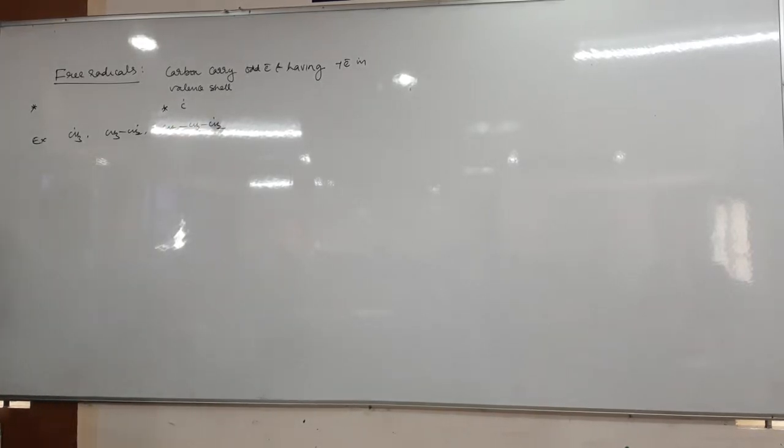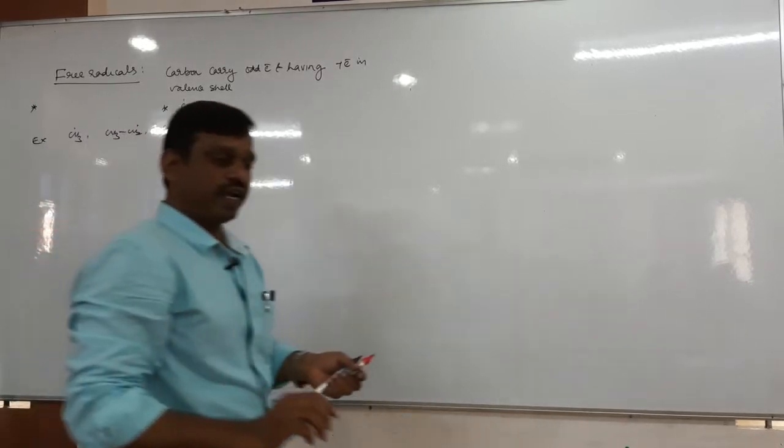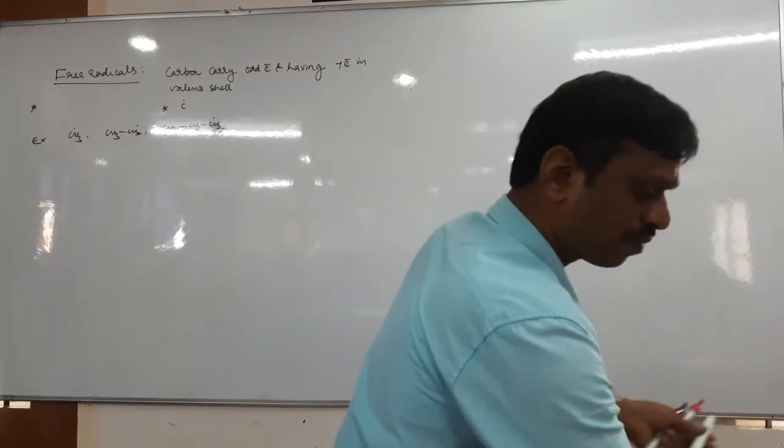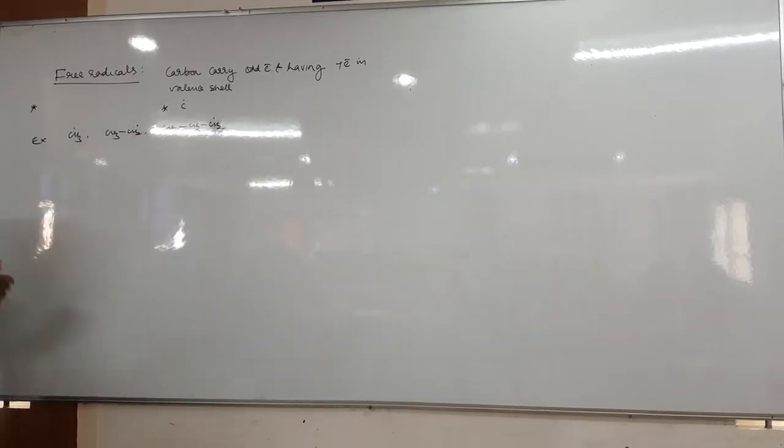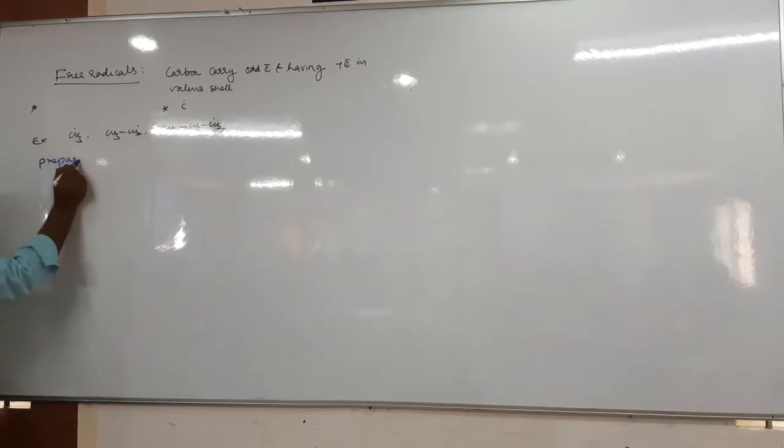Next, preparation. How do you prepare free radicals? Generally, free radicals are prepared by homolytic cleavage of a carbon-carbon bond, right?